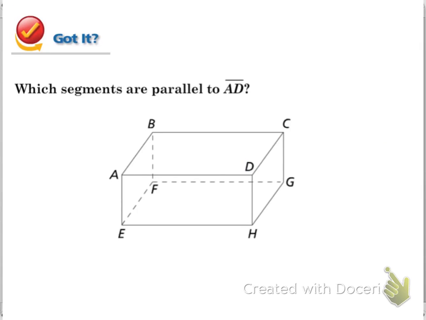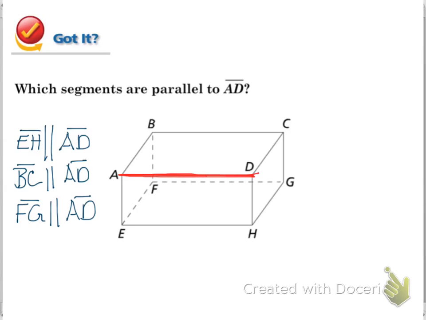So I want you to see if you can look at this one and figure out which segments are parallel to AD. So if you want to go ahead and pause this and then see if you have the correct answer. So I hope you're doing okay with this. So the first thing is that we would say that EH is parallel to AD, which is right here.